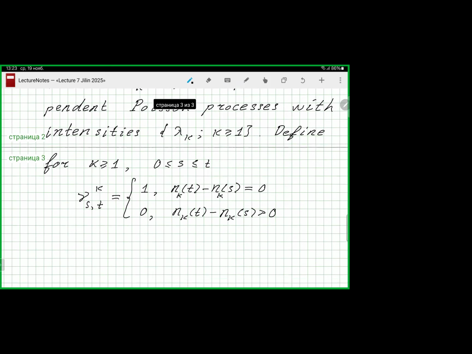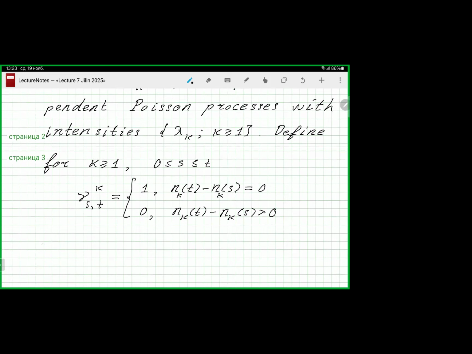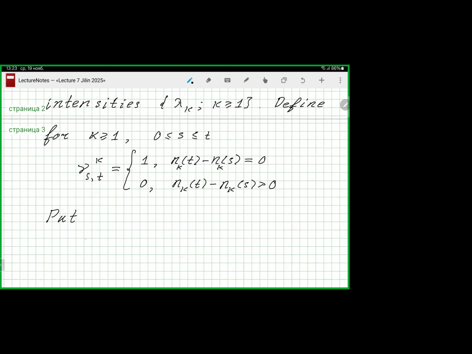Then finally define our semigroup operators J_{s,t} as the sum from k equal 1 to infinity of nu_{s,t}^k e_k tensor e_k.